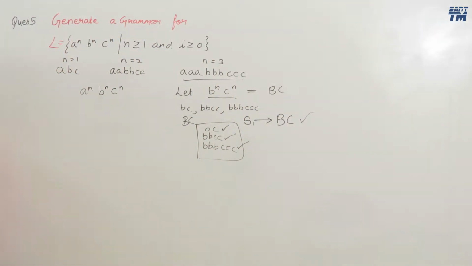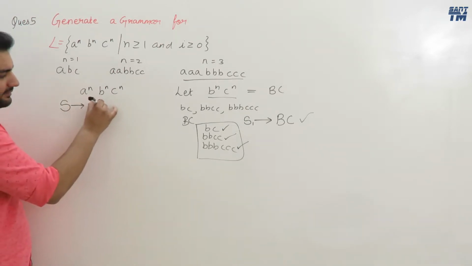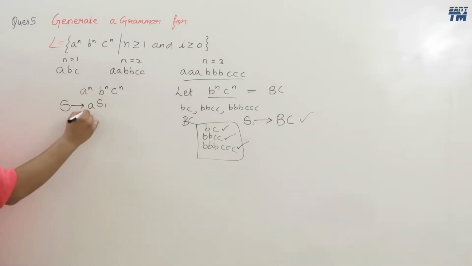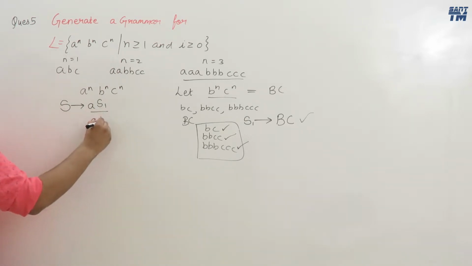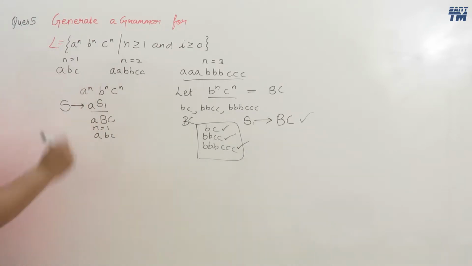Now consider a^n b^n c^n. For this we will consider our original start symbol S, which can produce a single A and then S1, that is, a single A and BC, and BC can be a single B and a single C. When n = 1, it will be ABC.